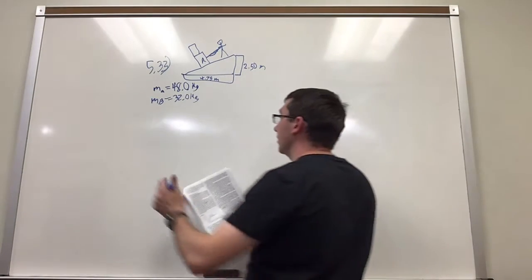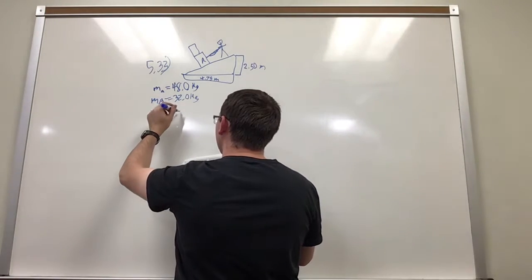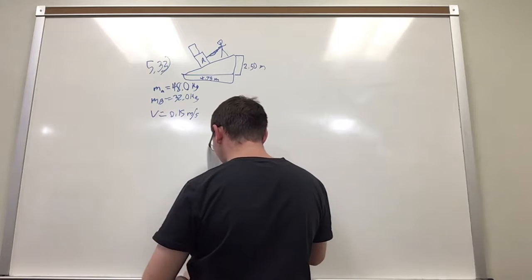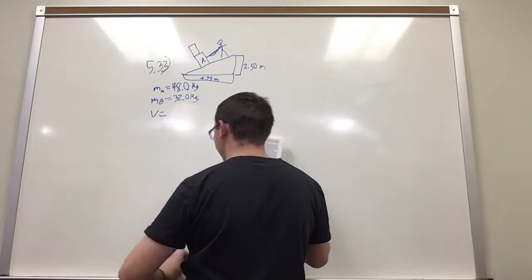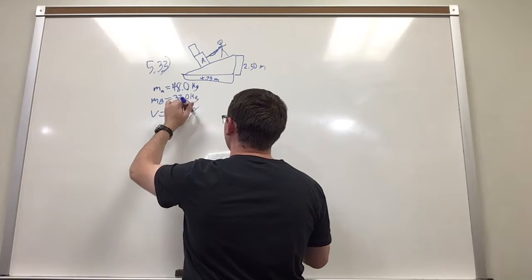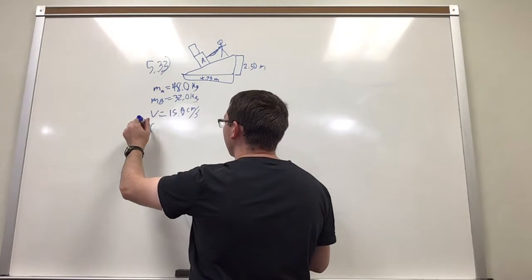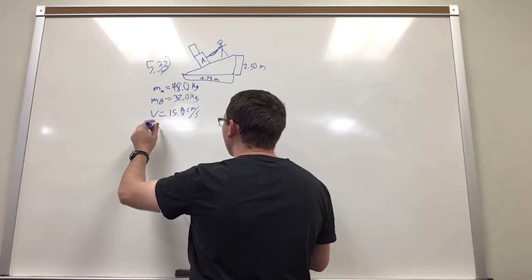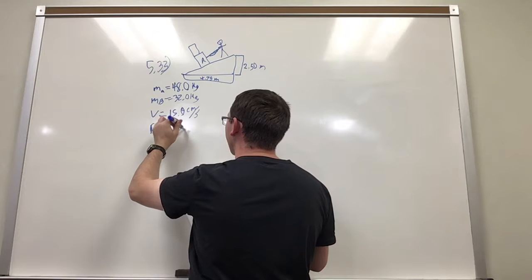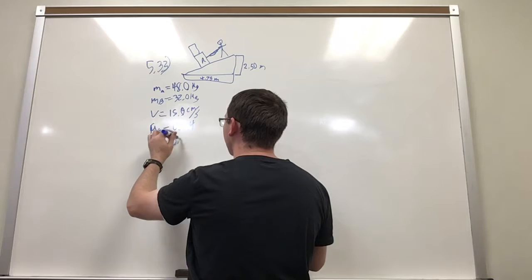We know that the velocity is going to be, actually, no, sorry, 15 centimeters per second. And we know that mu of kinetic friction is 0.444, mu of static friction is 0.800.